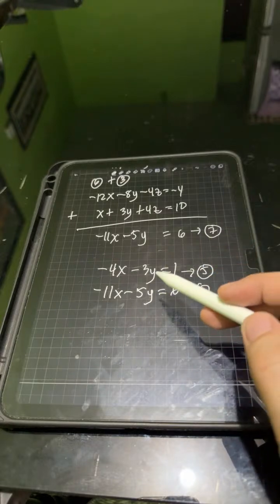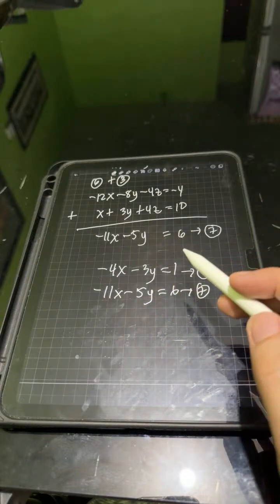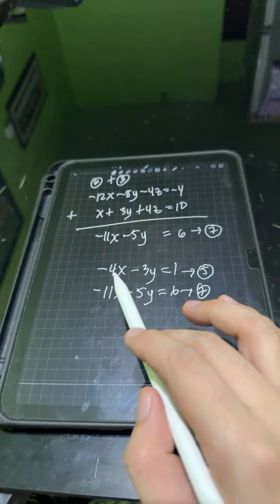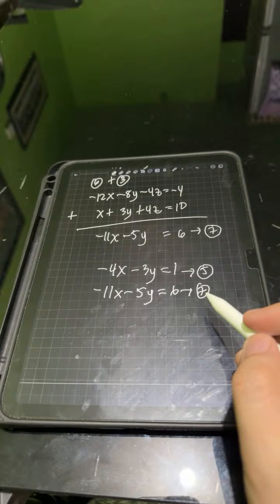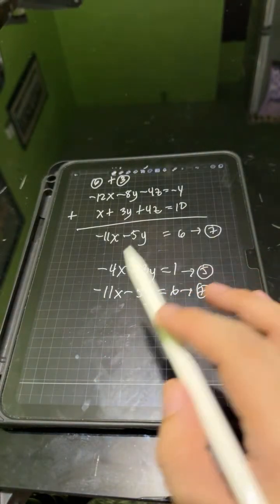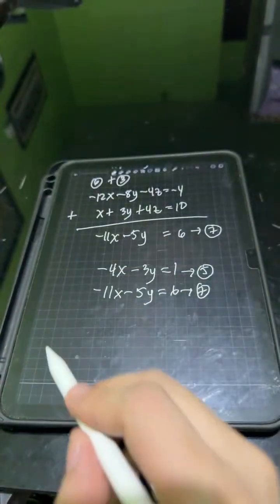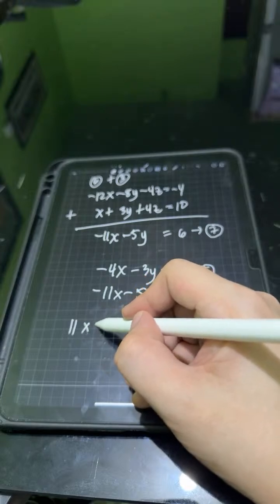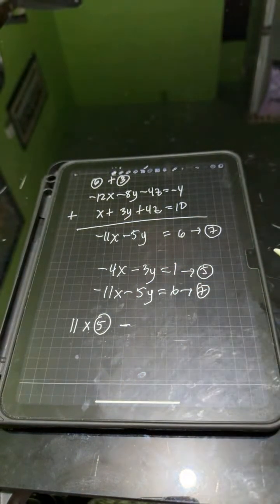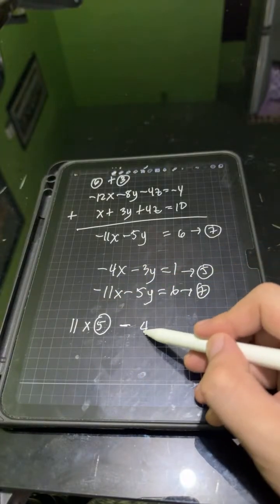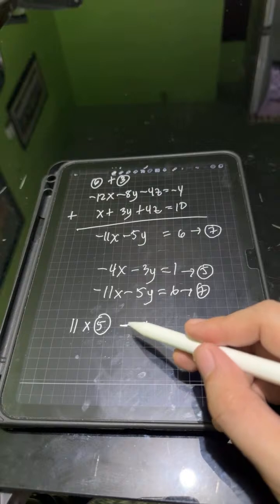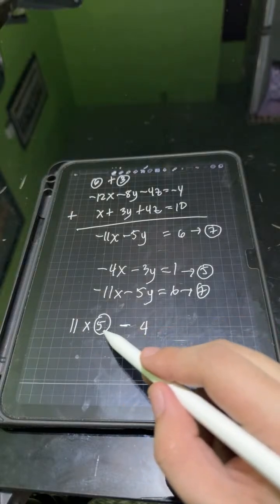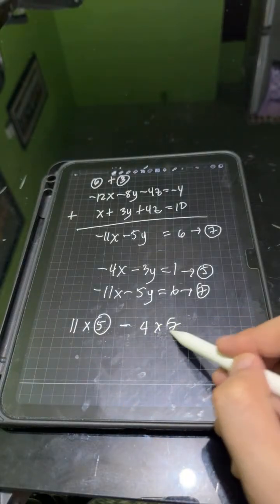We can eliminate x first by multiplying equation 5 by 11 and equation 7 by negative 4, then adding: 11 times equation 5 plus negative 4 times equation 7.